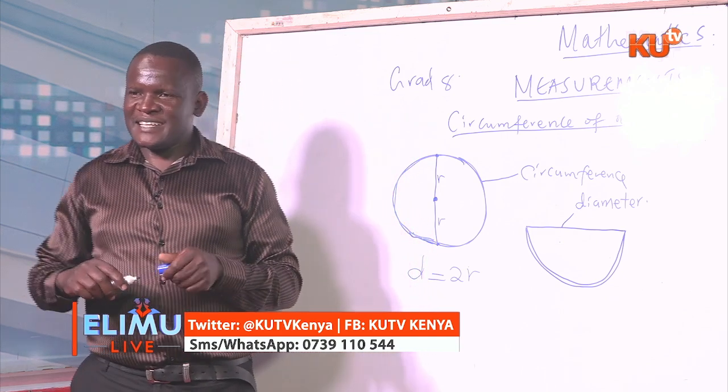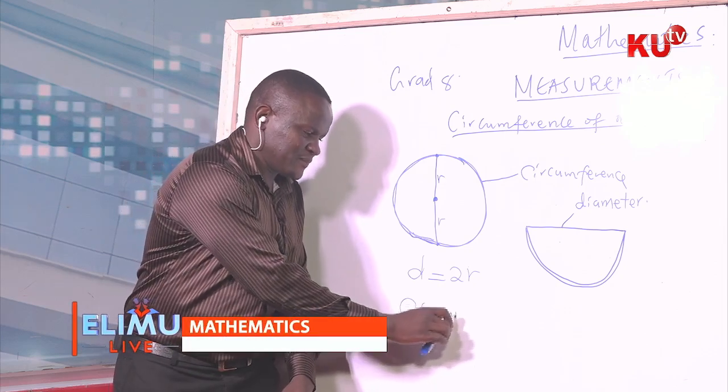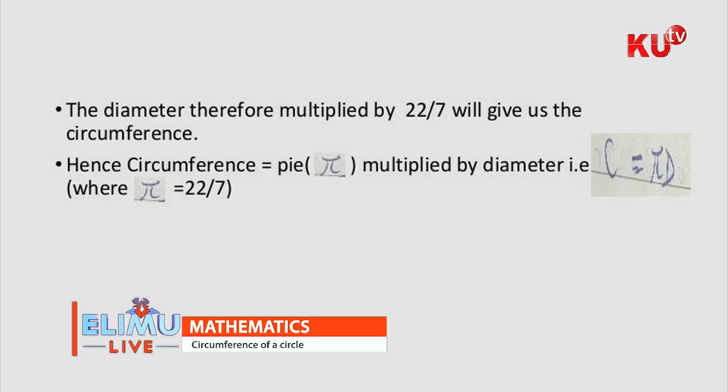And therefore we can say circumference will be equal to 22/7 times diameter.